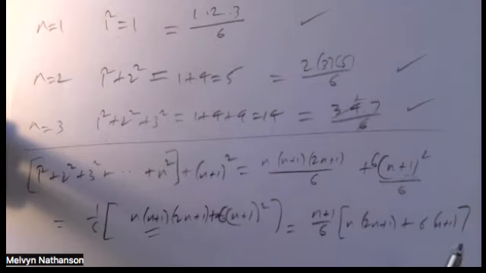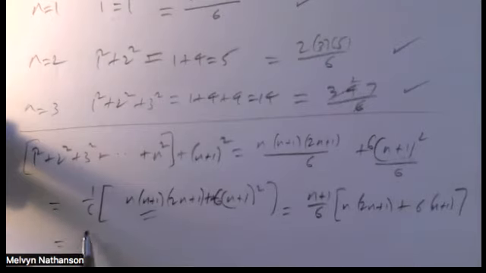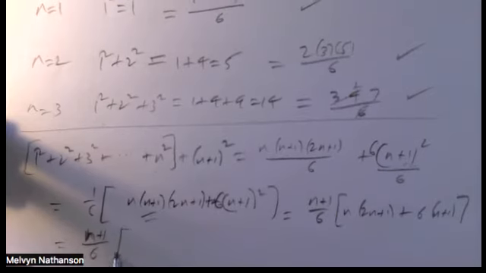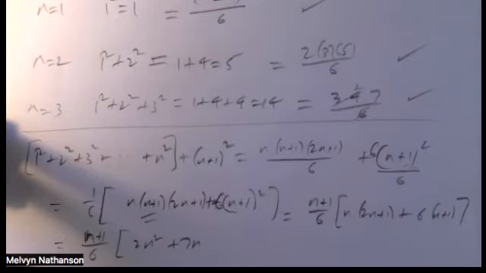Let me just expand this. This is n plus 1 over 6. This is 2n squared plus n plus 6n, that's plus 7n, plus 6.